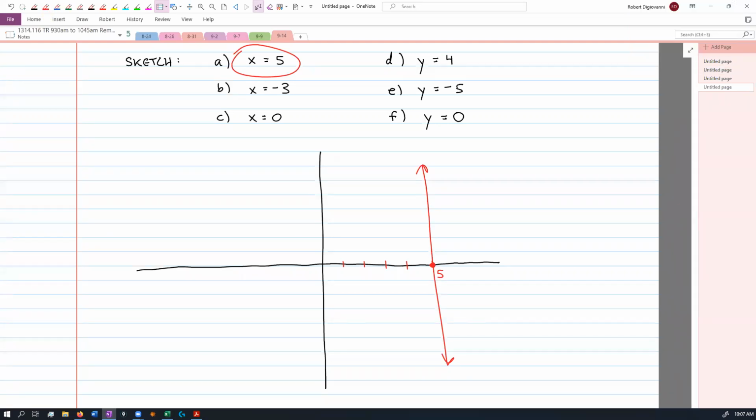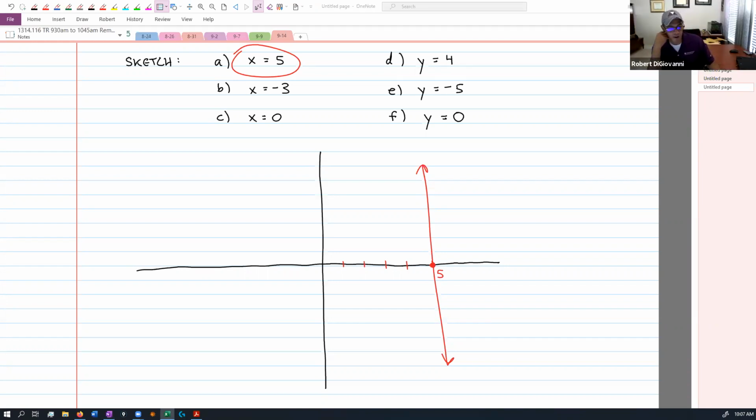Okay, good. How about Chelsea? Okay, Chelsea, what do you have for part B? The x will be on -3. Okay, and I'm drawing what type of line? A vertical line. Okay. Boy, that line doesn't look very vertical.